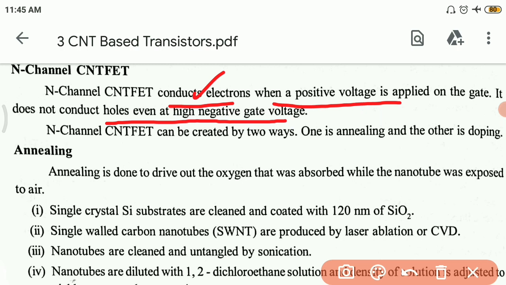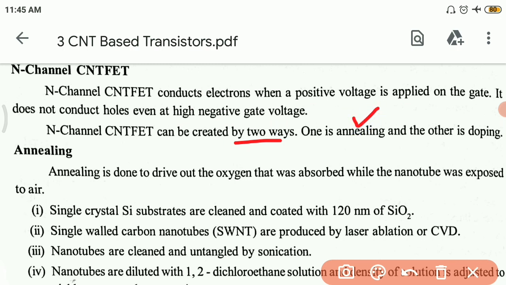It can be created in two ways: one is a process called annealing and the other is called doping. So first, let us see annealing.